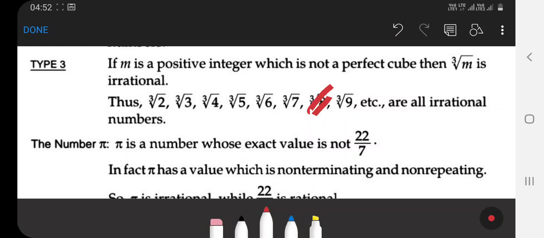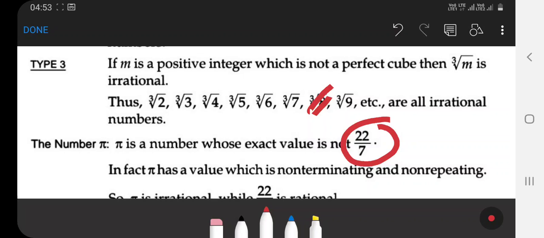Some special irrational numbers, like pi. We consider pi equal to 22 by 7. 22 by 7 is a rational number.